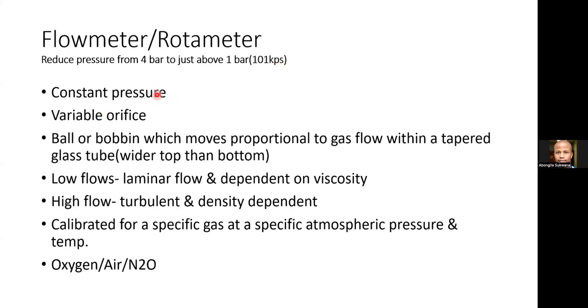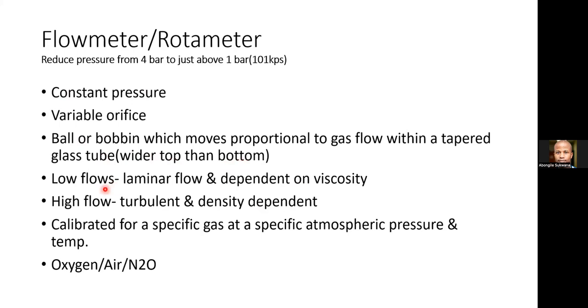So the flow meters or rotameters, their properties are constant pressure and variable orifice. I'll explain just now what that means. And then inside them, there's a ball or a bobbin, which will move proportional to the gas flow within a tapered glass tube. By tapered, it means that it's wider at the top and narrower at the bottom. So that's why it's called a variable orifice.